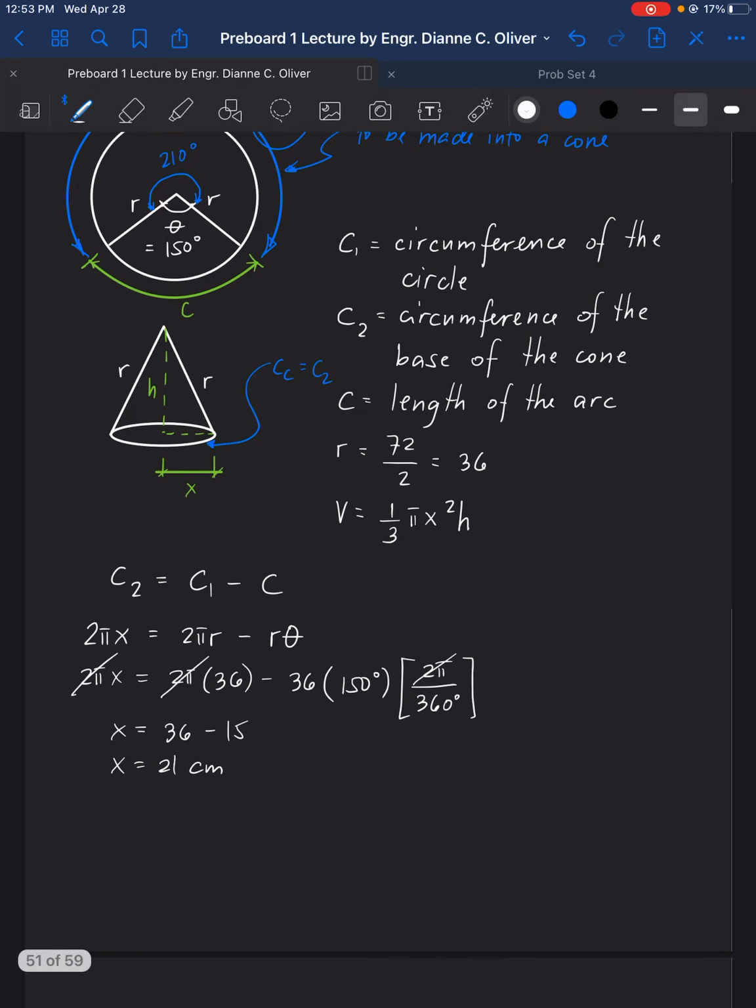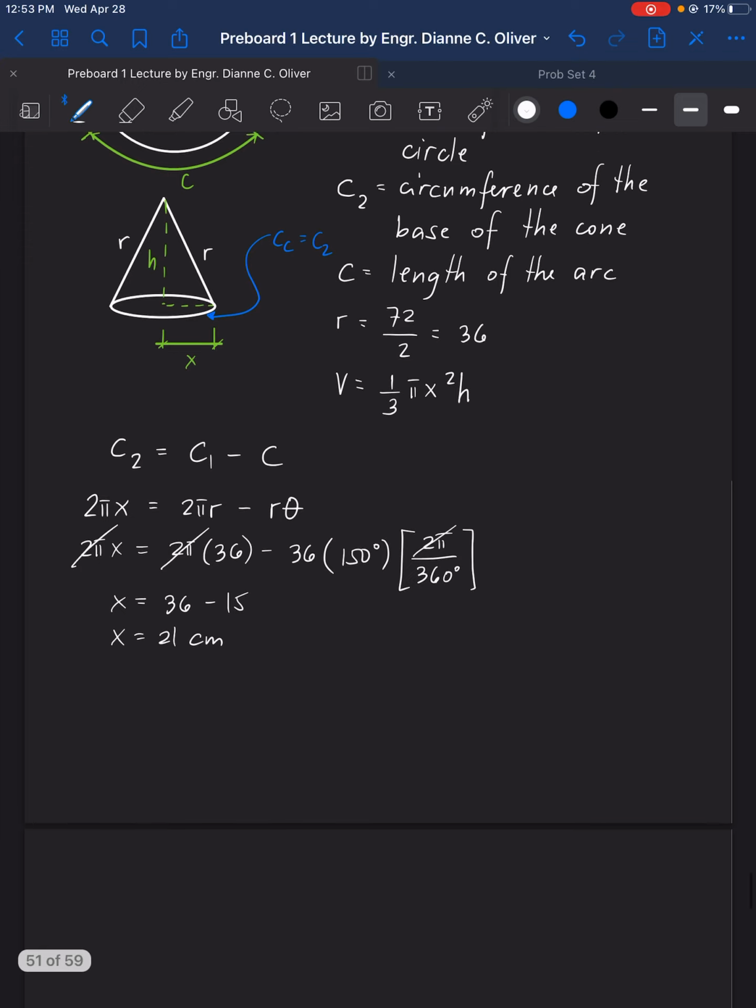Now, missing is the value of h. For the value of h, let's look at this figure here. What we can see there is the Pythagorean theorem, with r being the hypotenuse, equals h squared plus x squared.